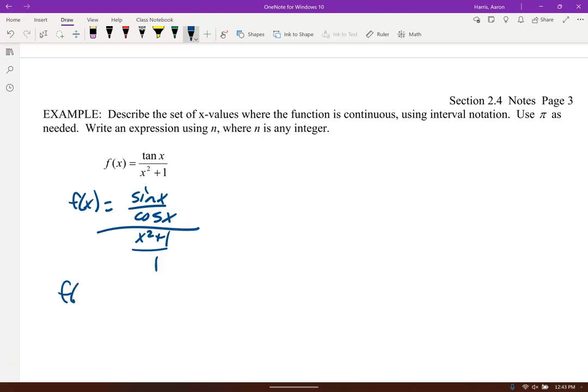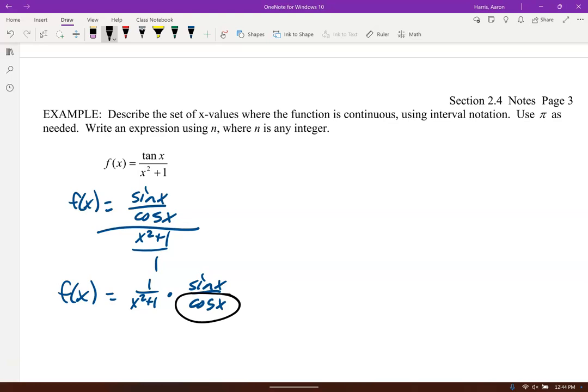So keep, change, flip, multiplied by 1 over x squared plus 1. And I'm looking at that x squared plus 1. I'm like, okay, the x squared plus 1 again is fine, right? That thing is always going to be positive, so I have no restrictions on that. But I do have an issue here with cosine.